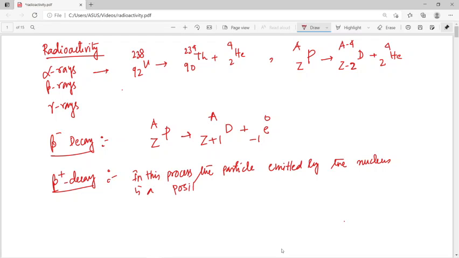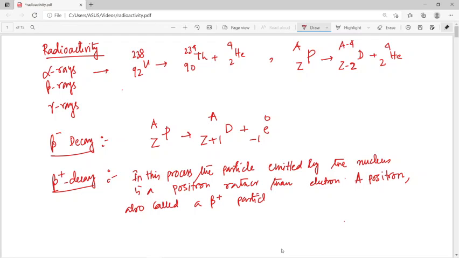A positron is also called a beta plus particle, and it has the same mass as the electron but carries a positive charge instead of a negative one.